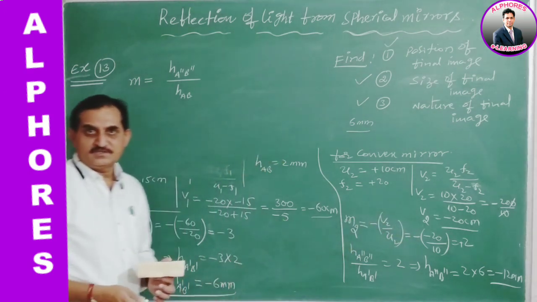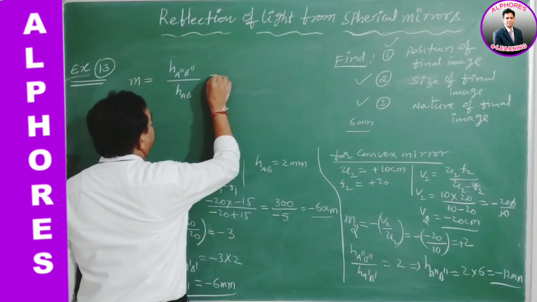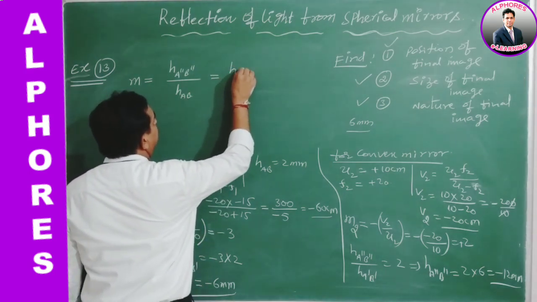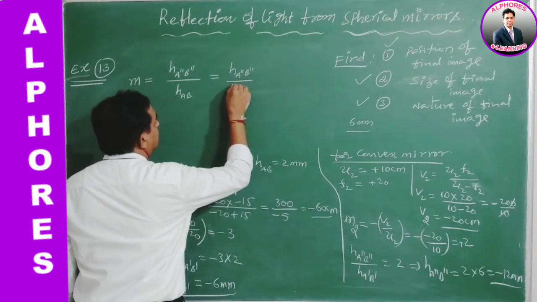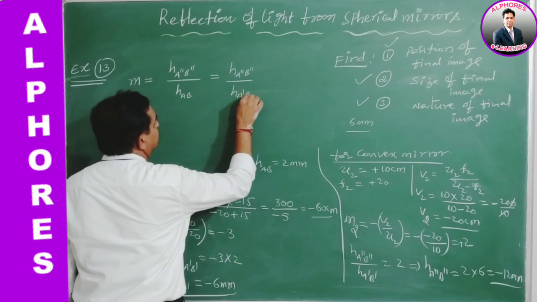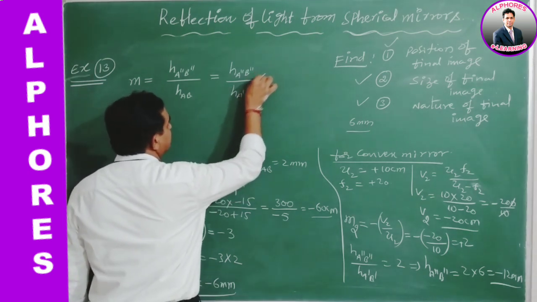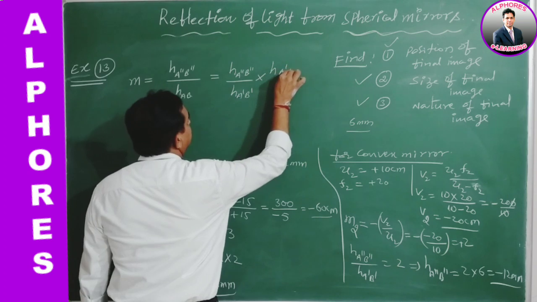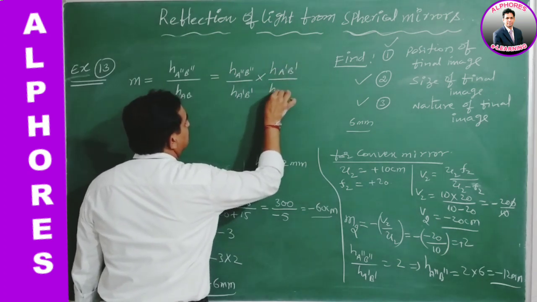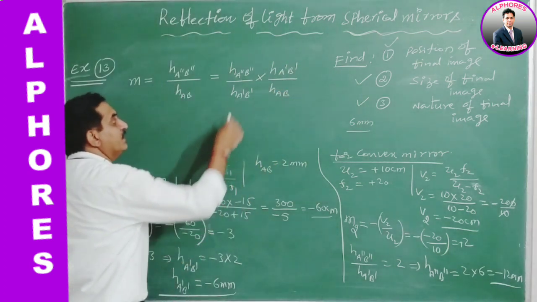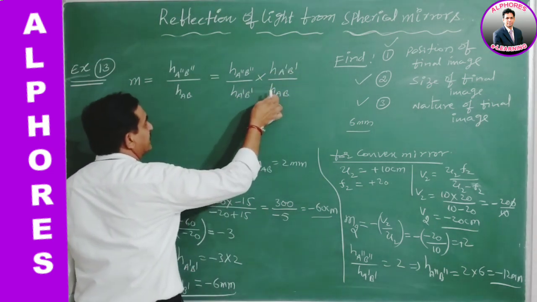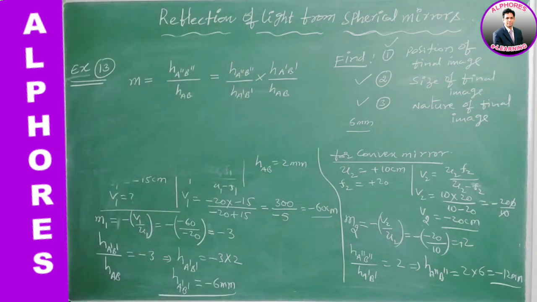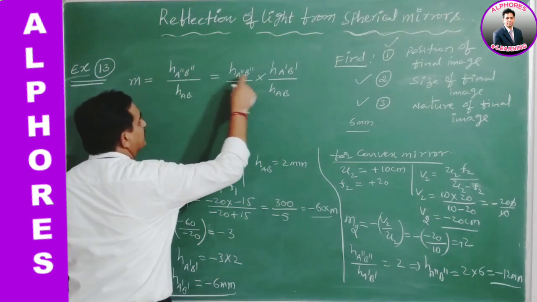That is minus 12 millimeters obtained. So we can write it as H A double dash B double dash by H A dash B dash, and for our convenience, into H A dash B dash by H A B. See here, H A dash B dash gets cancelled. You will get the same answer over here. For our convenience, we are taking the equation like this.